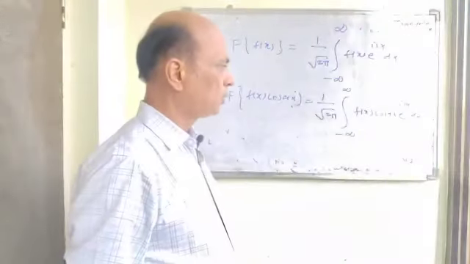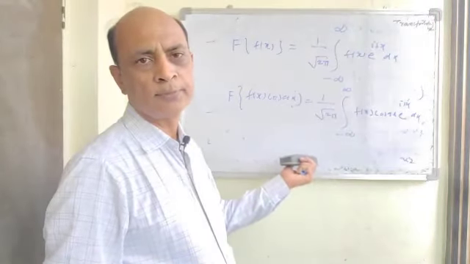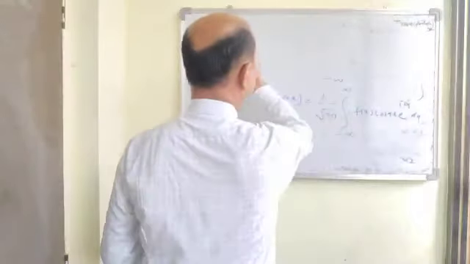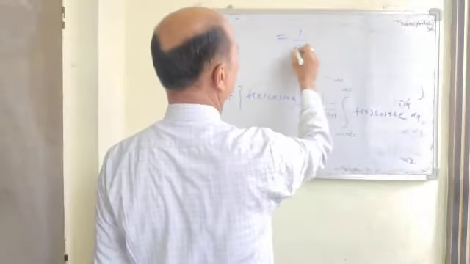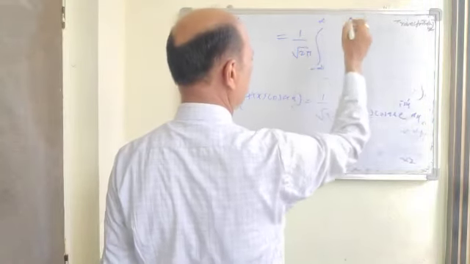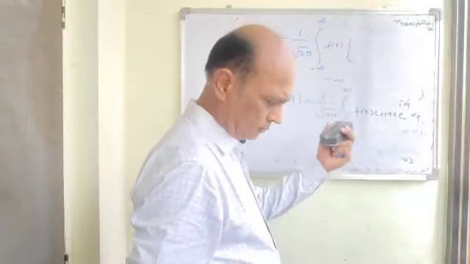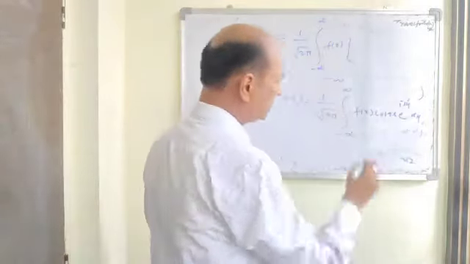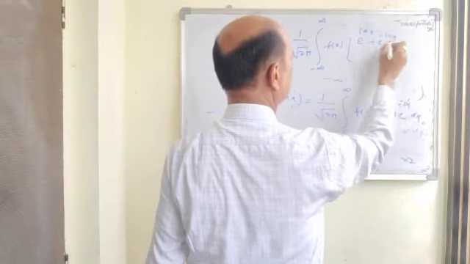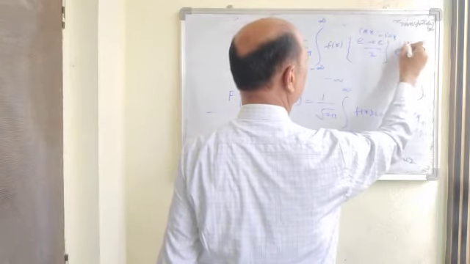Now here, to prove this, we have to write this cosine in terms of exponential. That is equal to 1 upon root 2 pi integration from minus infinity to infinity f of x in bracket, this is cos ax. So this can be written as e to the power iax plus e to the power minus iax divided by 2, e to the power isx dx.